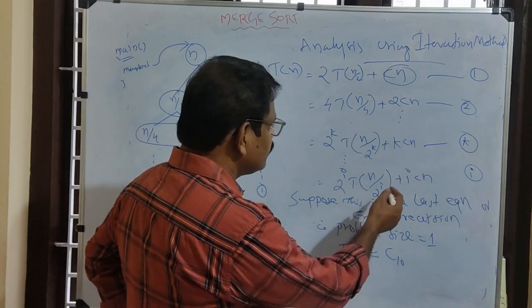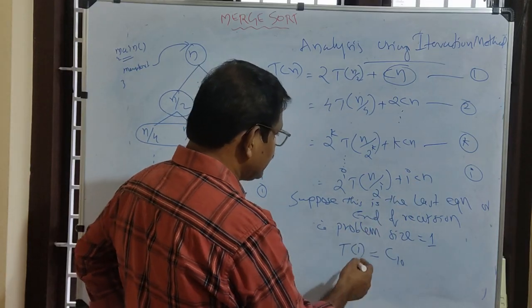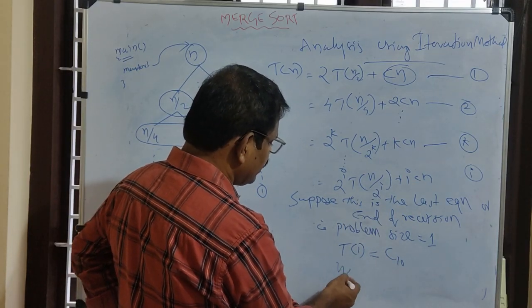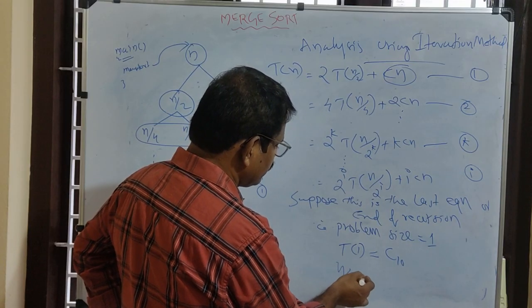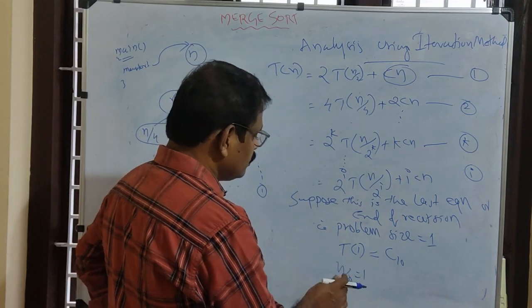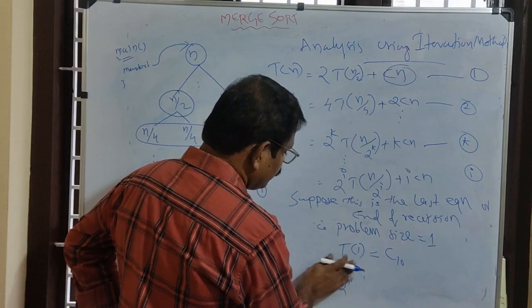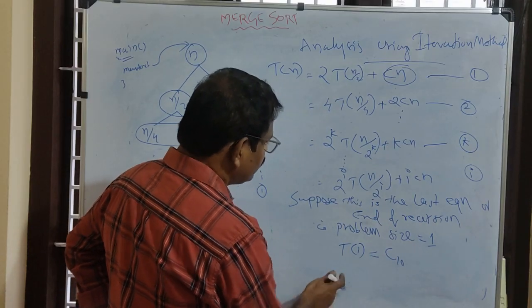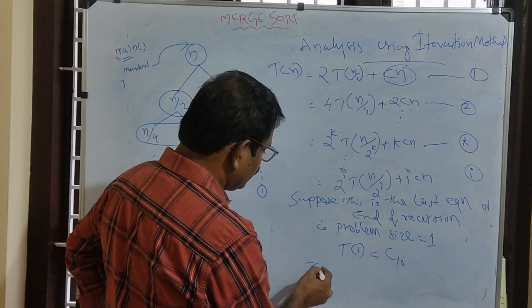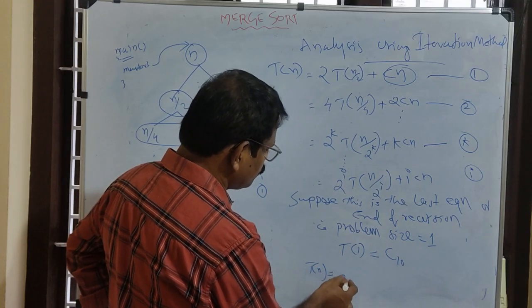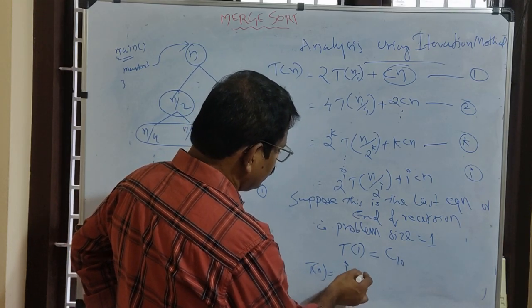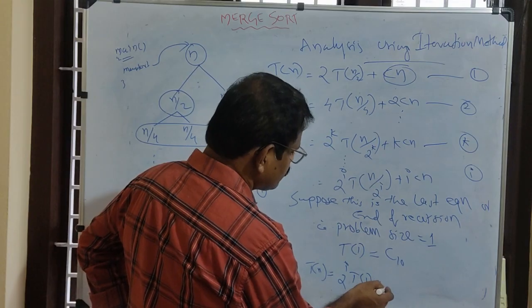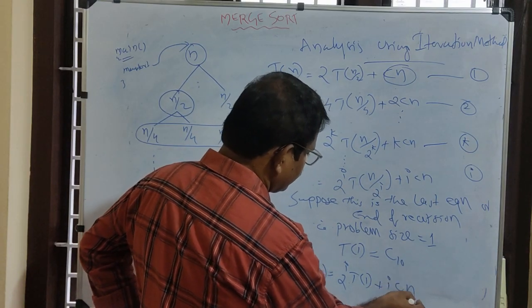Then we can say n/2^i is equal to 1. That is, if the ith equation is the last one, then T(n) is equal to 2 raised to i T(1) plus iCn.